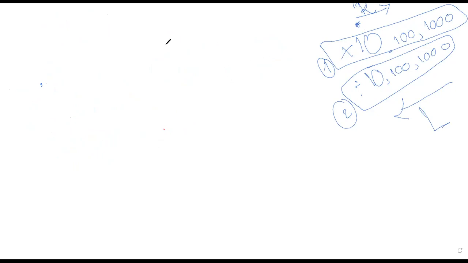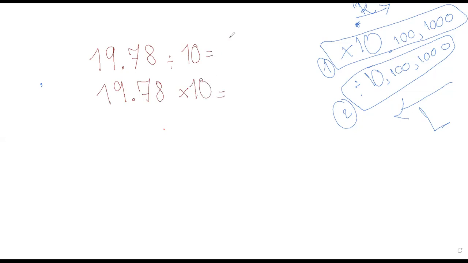That's it. So if we have 19.78 divided by 10 or 19.78 times 10, what is the difference between them? In the first one, to which side will I move the point? To the left, because we are dividing by 10.